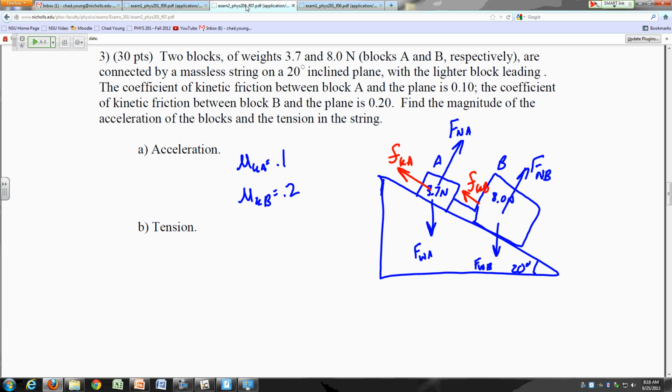I know they're moving down the plane because there's nothing pulling them up, right? There are no other forces pulling them up the plane. And F_T is the tension. Yeah, actually, we'll need the tension. Let me write that. So we have F_T here and F_T here, and they're both the same.